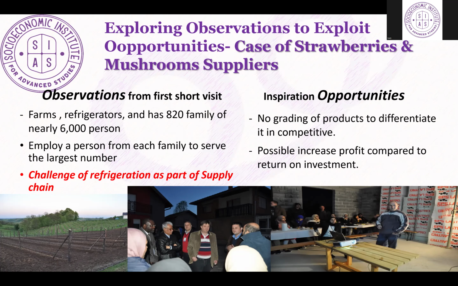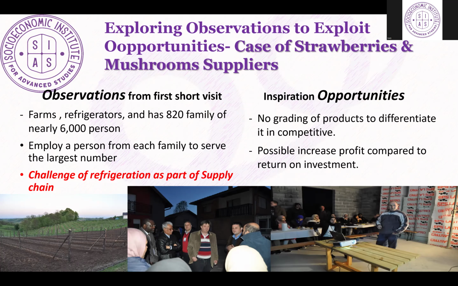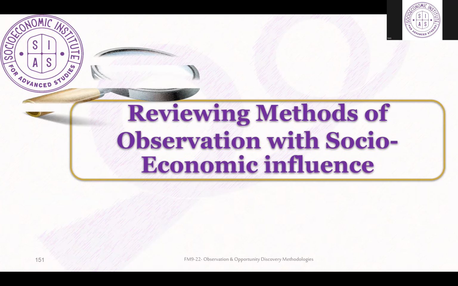The challenge of refrigeration as part of the supply chain is a problem. Now the opportunity is that there is no grading of the products to differentiate their competitiveness. So you should have grade 1, grade 2, and so on, as you know, in the marketing of vegetables. And then a possible increase of profit compared to the return on investment. So there should be, again, a study that shows that the return on investment will be high if you invest, and so on.